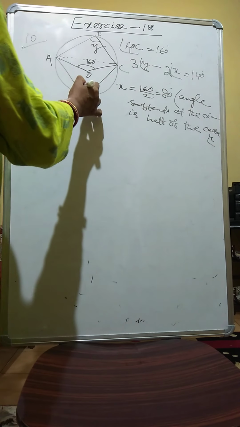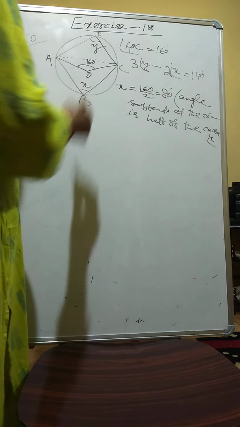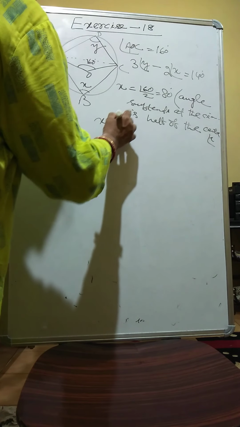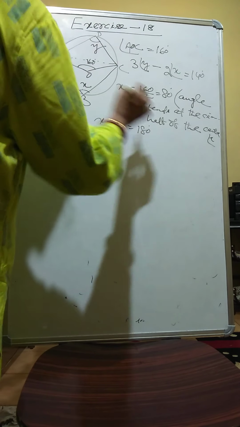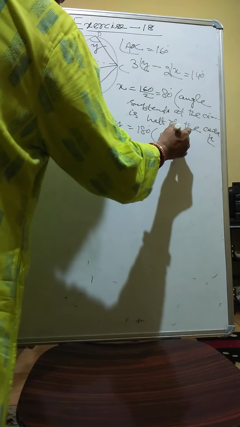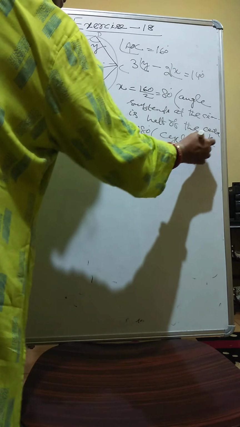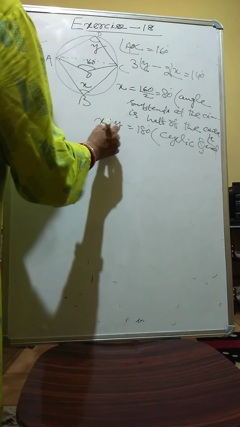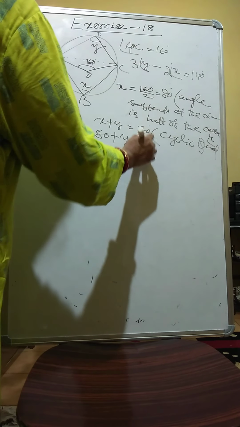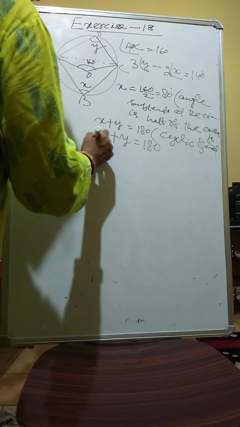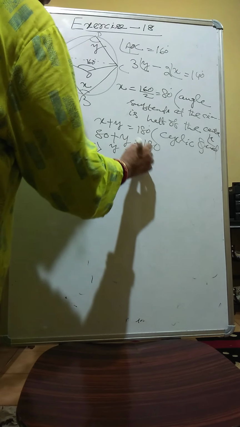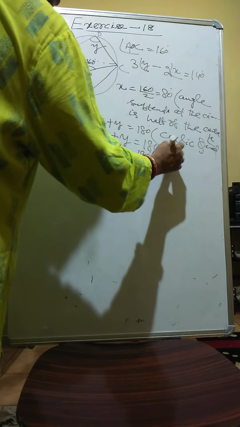Okay, you got x equal to 80 degree. x plus y is equal to 180. Why? It is a cyclic quadrilateral. The x value is 80. Now y is equal to 180 minus 80, that is 100 degree.